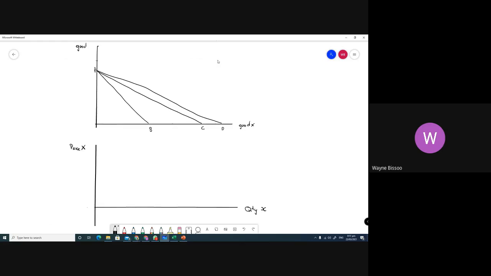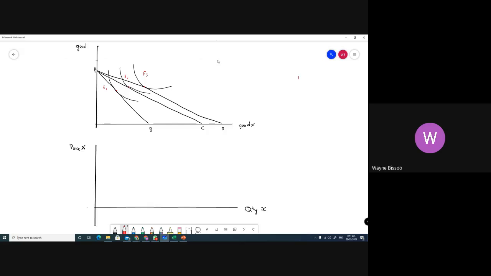Now, that allows me to move across 3 indifference curves. So we're here first off at E1, then we are here at E2, and then we're here at E3.